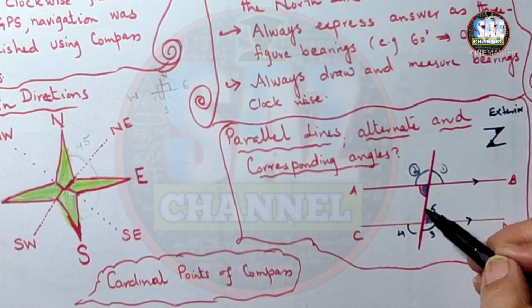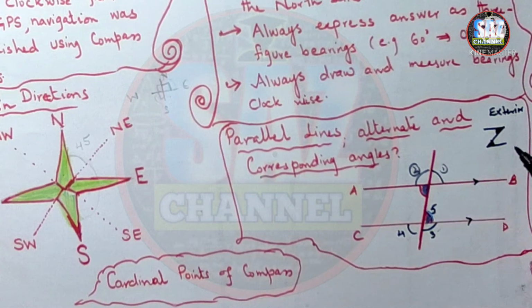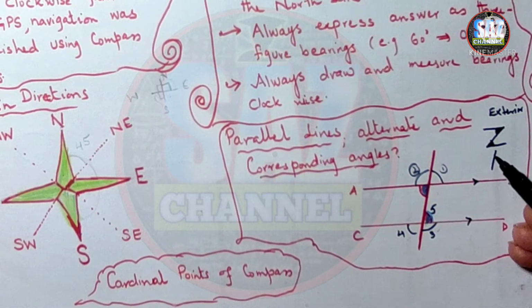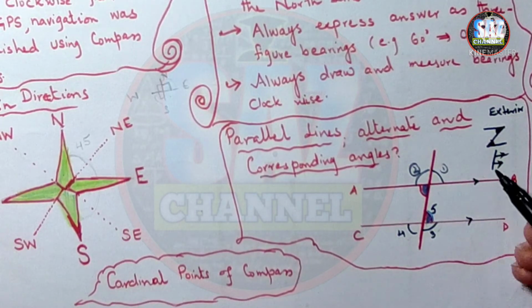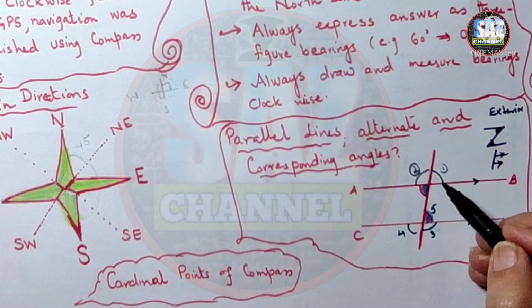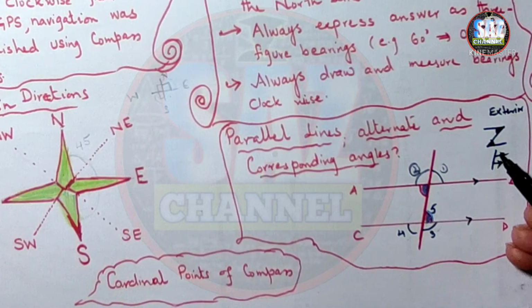They are forming a special letter which is F. Try to find out some technical points in your working so that you can understand the concept easily. They are making the English letter F, one interior, one exterior, and on the same side of the transversal. They are called the corresponding angles.